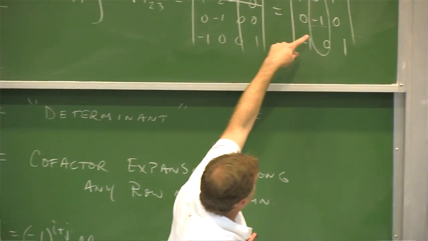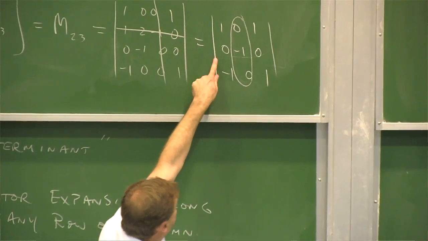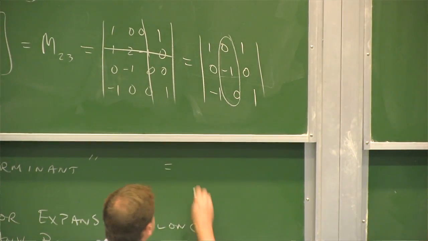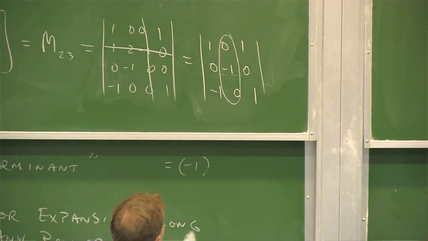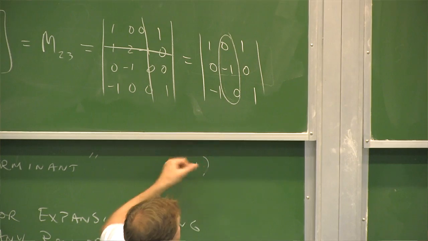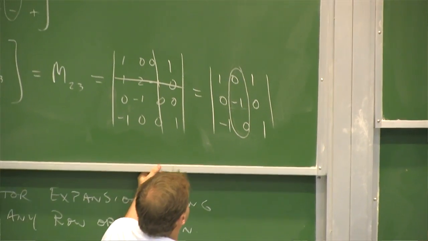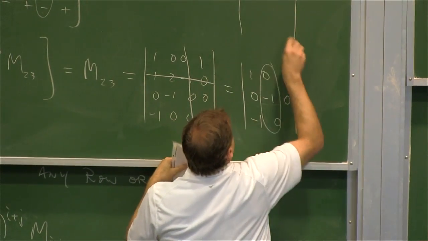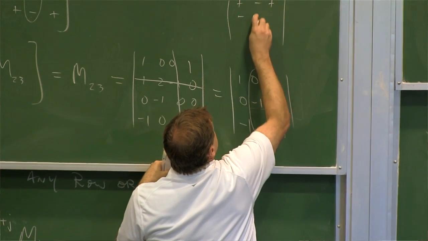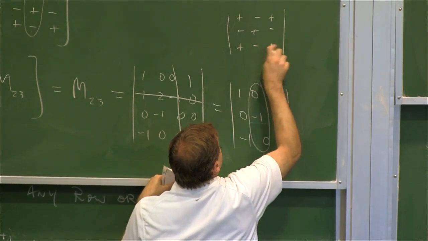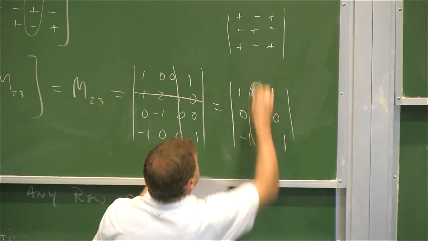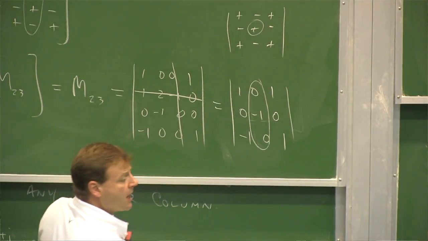When I do the cofactor expansion for this determinant, I'm going to multiply by this. It's negative 1. Now, in this configuration, that's a positive location. If you want to put up the plus minus thing, you can see that this negative 1 occurs in a positive slot.